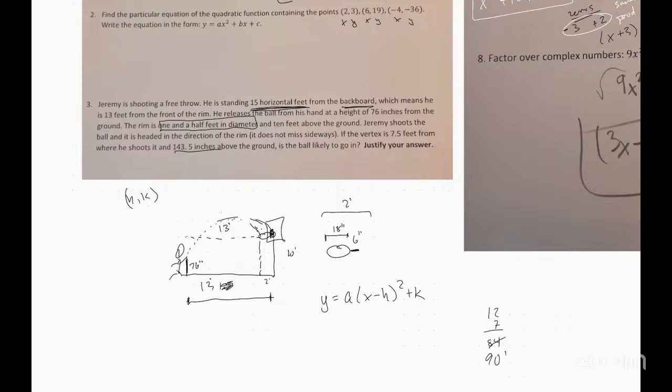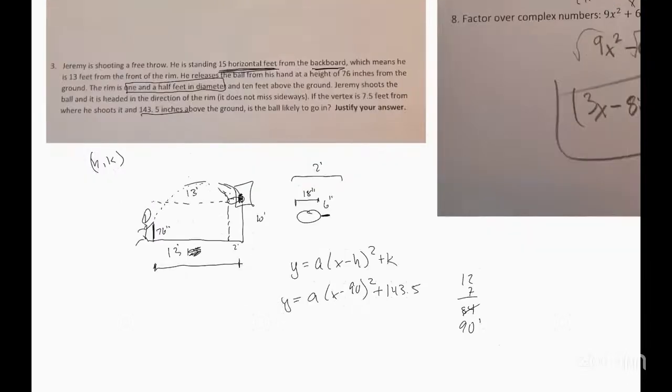So 90 is the h, and 143.5 is the k. We don't know a, but we do know that when he shoots the ball, it's 76. So 0 comma 76 is another point.